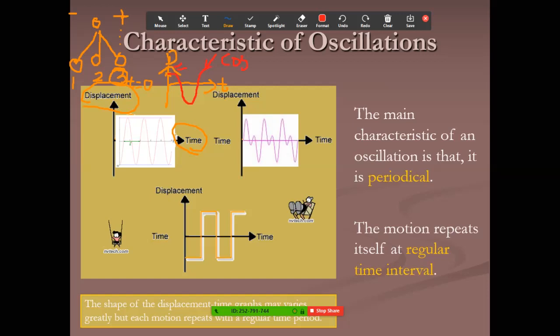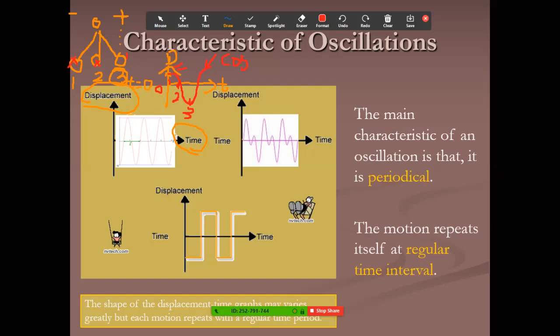This is one complete oscillation. At position 1, it is here. The second point is where the displacement is 0, which means the pendulum has come to the center. Then the third one is here, the extreme. So it's going to be a cosine graph.